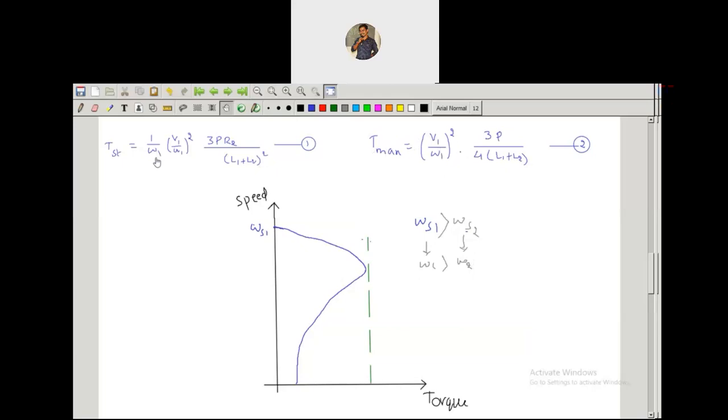But coming to the starting torque, there is a frequency W1 in the denominator. That is, the starting torque is inversely proportional to the stator frequency. So if you decrease this frequency, the starting torque is going to increase. Let me draw this one for omega s2.